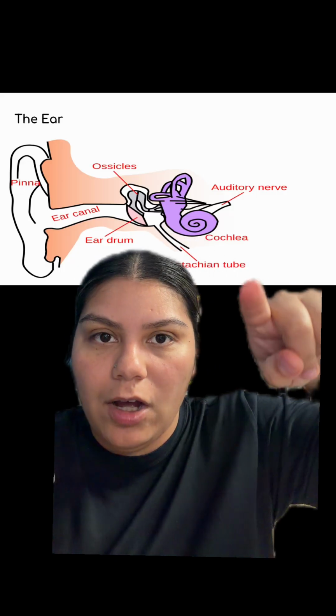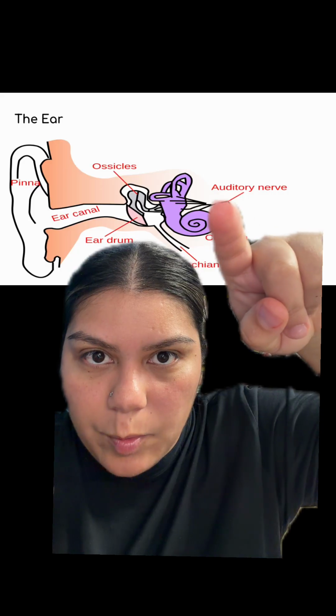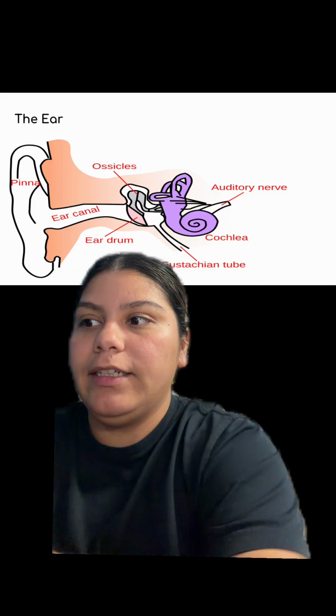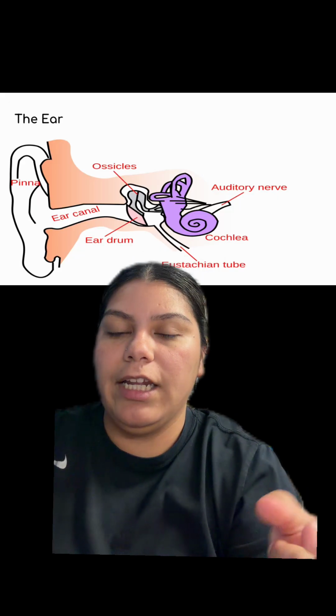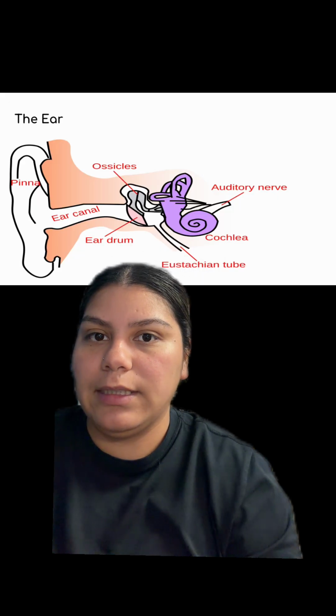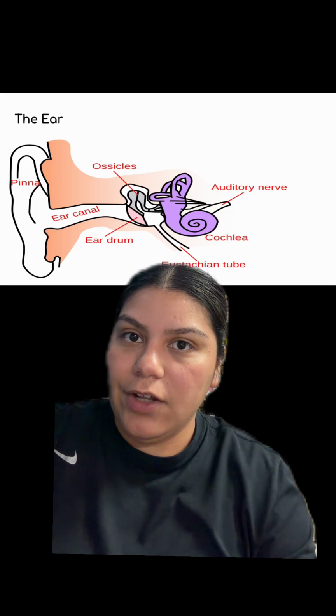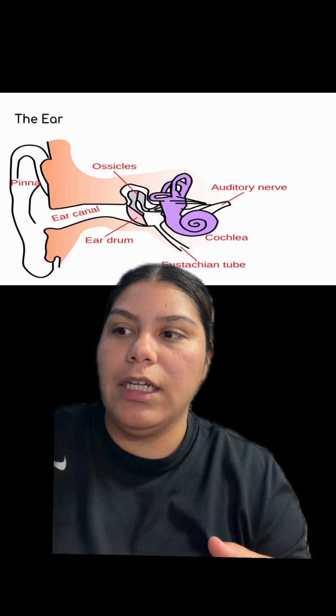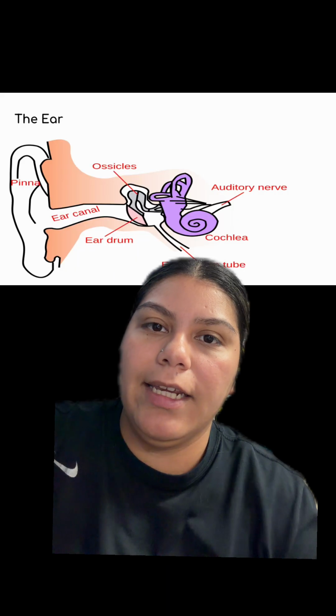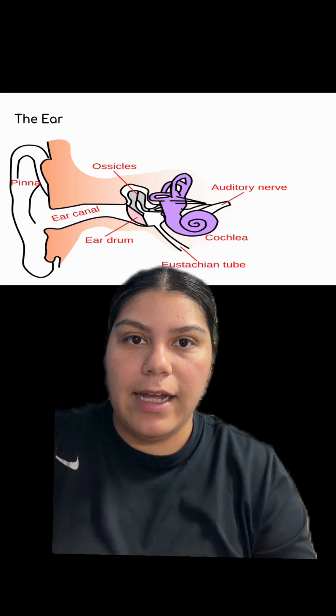Then we have the auditory nerve, which is that right there. And that is a bundle of nerve fibers that connects the inner ear directly to the brainstem. The main function of that is to transmit auditory data from the ear to the brain so that it can be interpreted as sound.